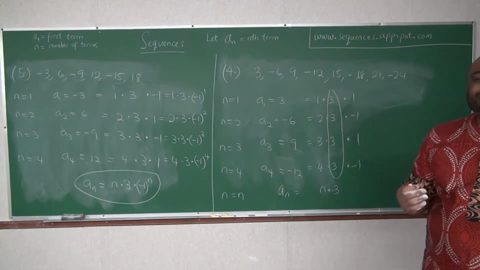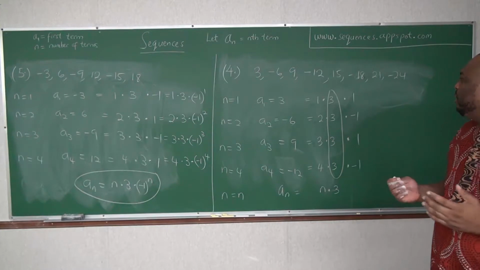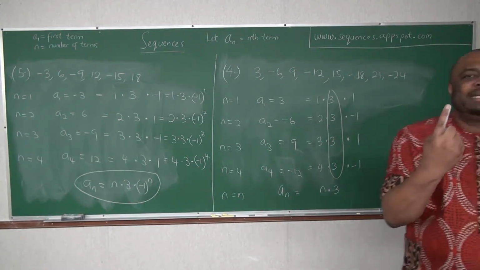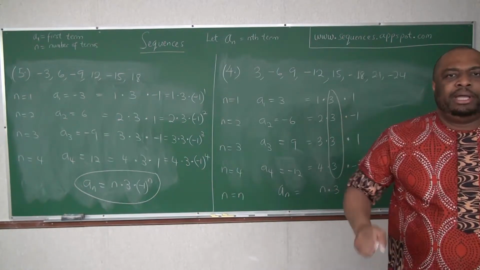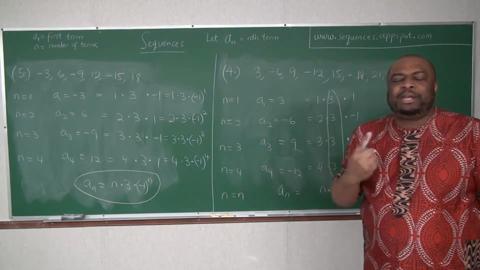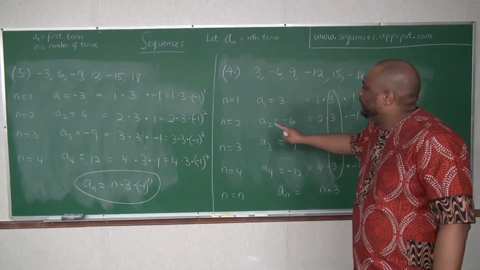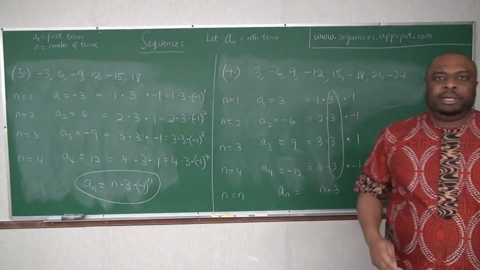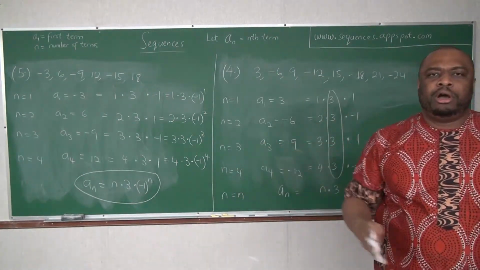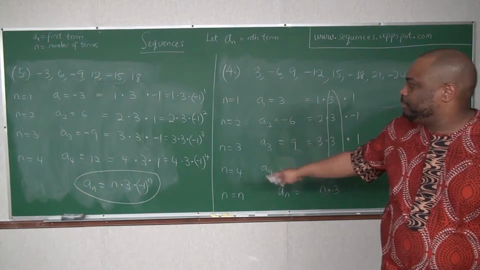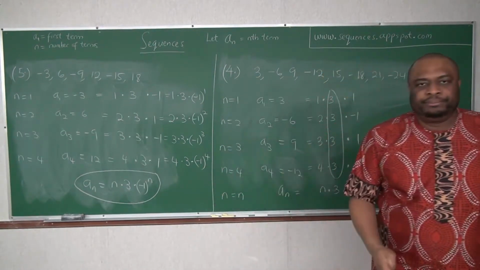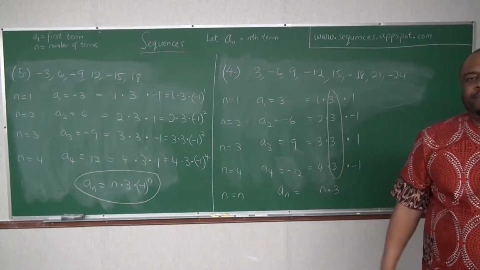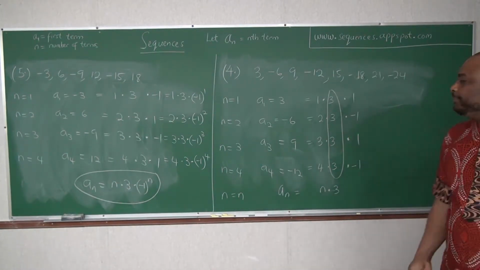You cannot have 1 as the base. It's got to be -1, raised to odd exponent, raised to even exponent. This is straightforward, but with this here, you do more thinking.